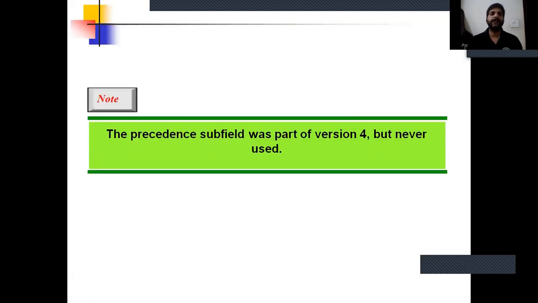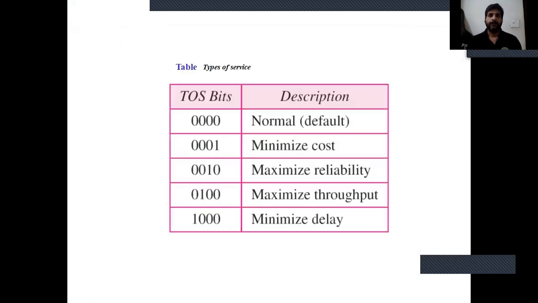The precedence subfield was part of version 4 but never used. Type of service bits are written like this: 000 is normal and default, 001 means minimize cost, 010 maximize reliability, 0100 maximize throughput, and 1000 means minimize delay.